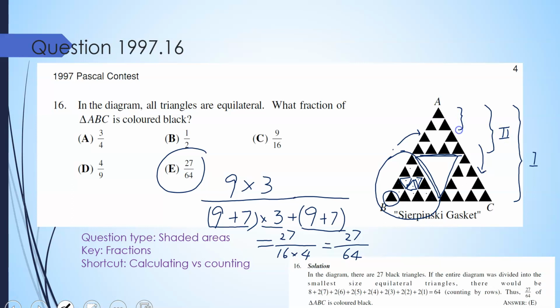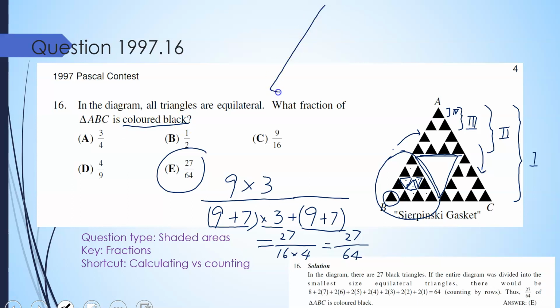Even 1/4, triangle 3. Last one, triangle 4. All right, so let's calculate the colored black triangles in this bigger one, triangle 1.